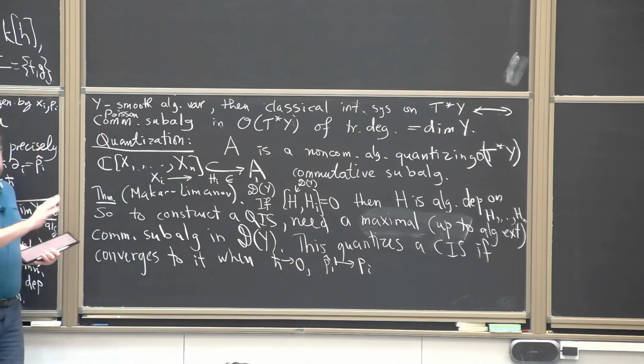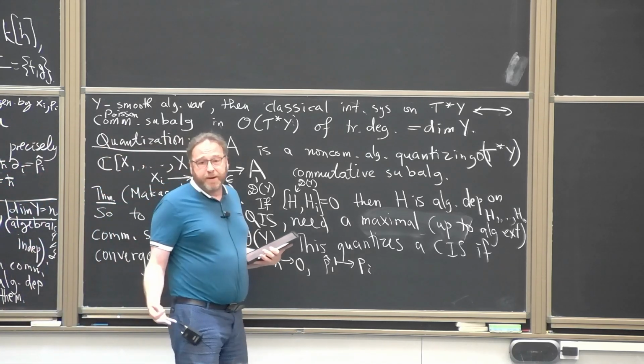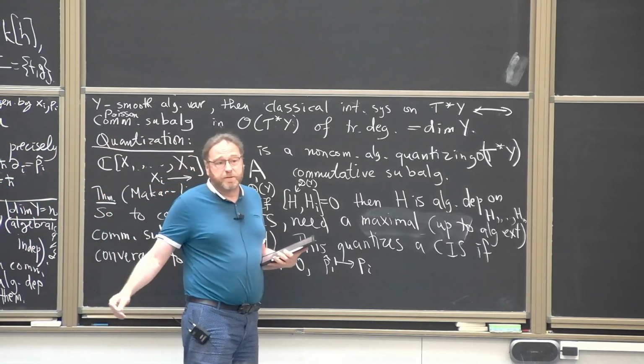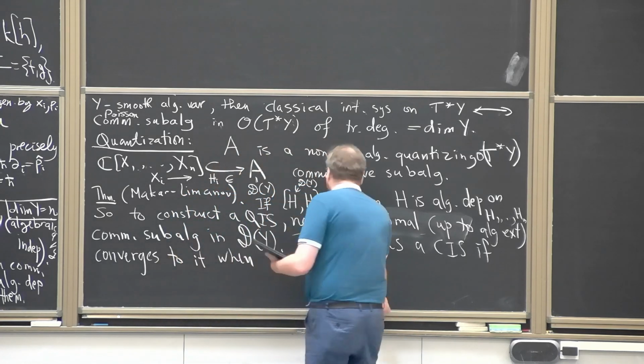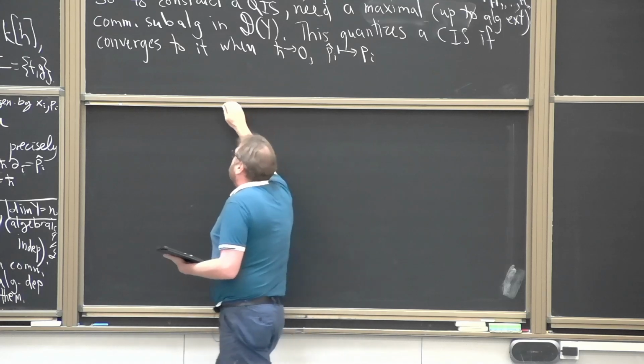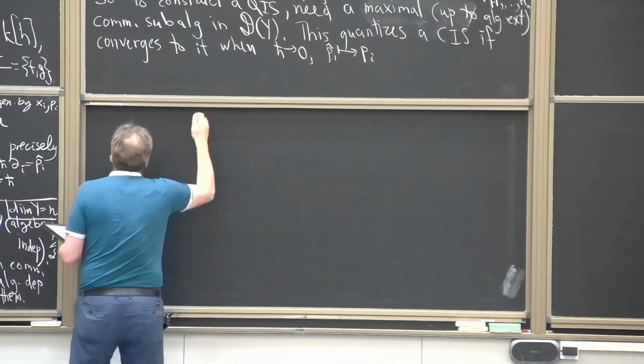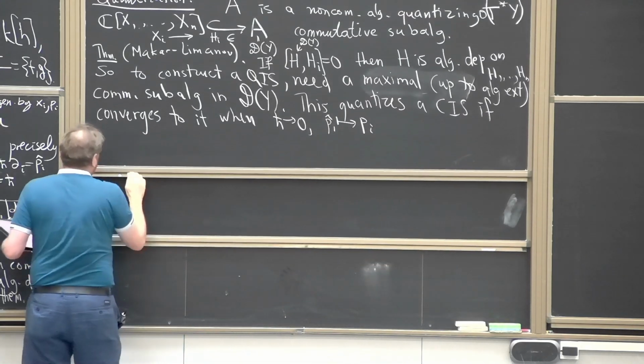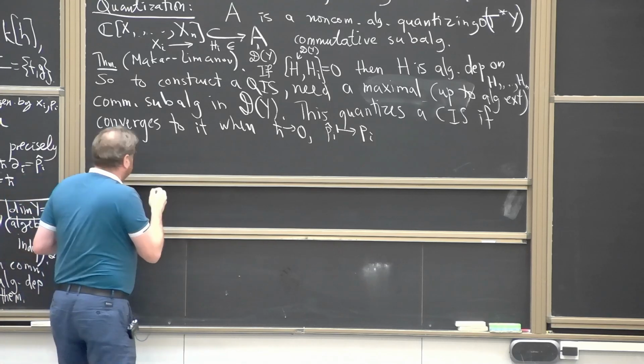So this is just the general yoga of quantization, symplectic manifolds, cotangent bundles, and integrable systems. It's just a review. So now we want to apply this to our situation.